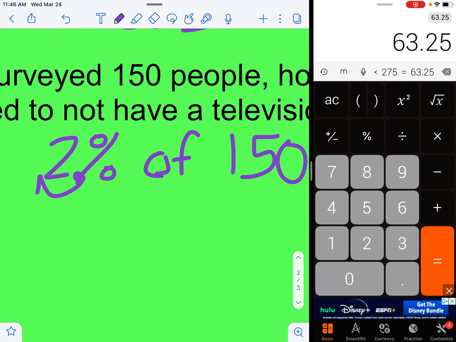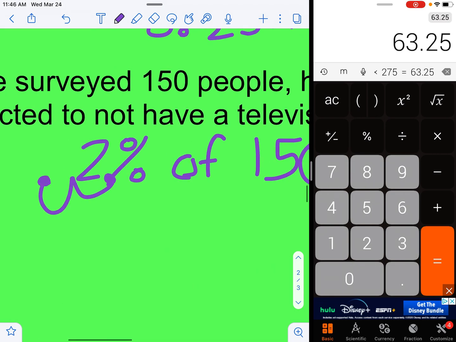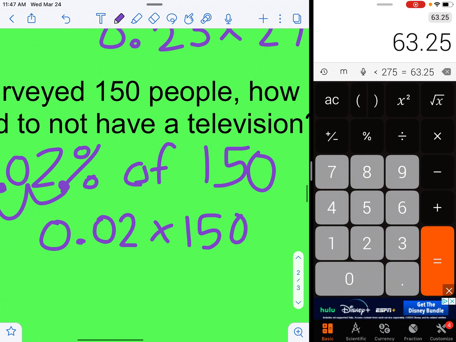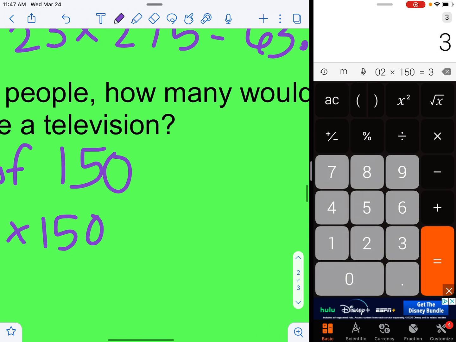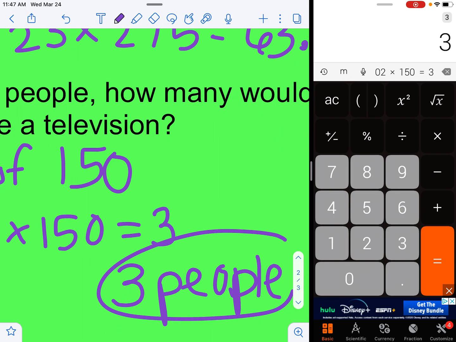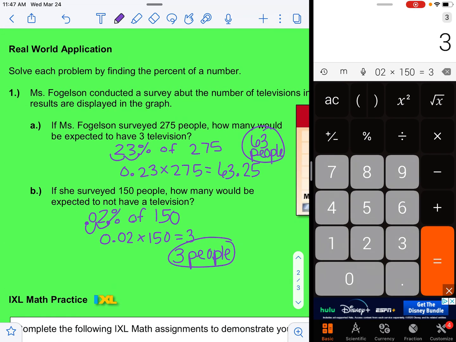We need to move our decimal point 2 places to the left. 1, 2. We need to add a 0 here. So we're really taking 0.02 times 150. 0.02 times 150 gives us 3. So we are talking about 3 people who would not have a television if they surveyed 150 people.